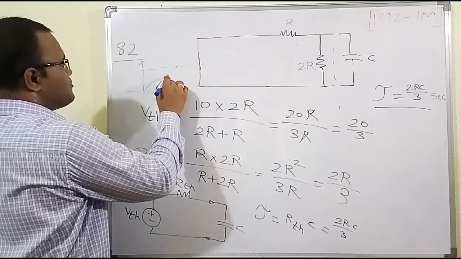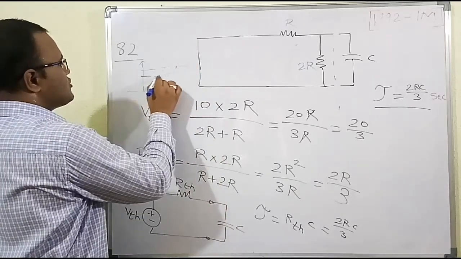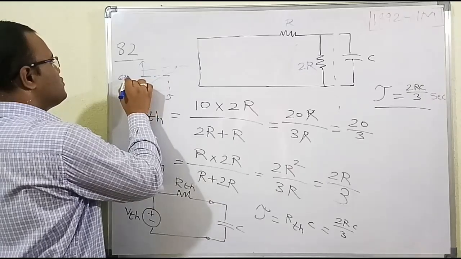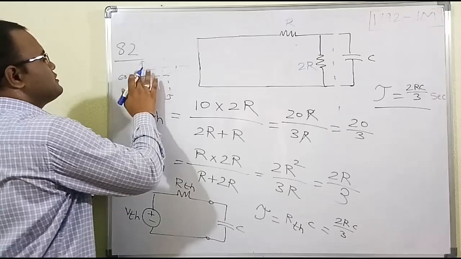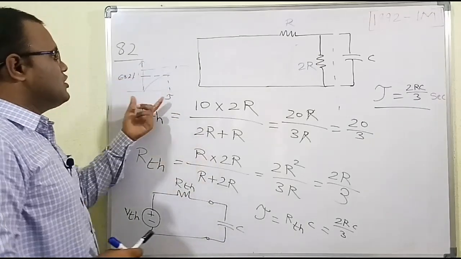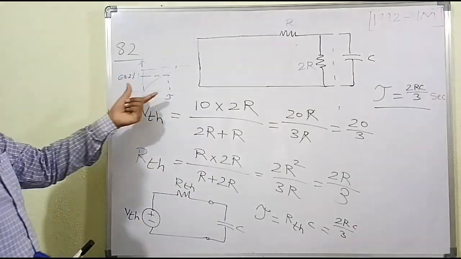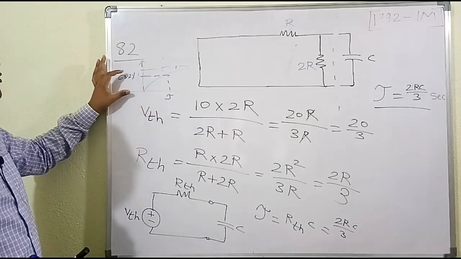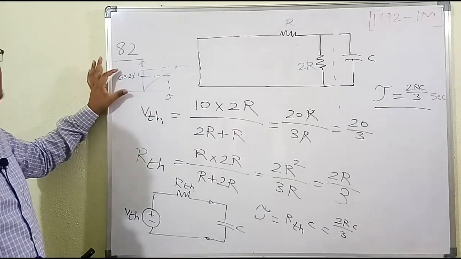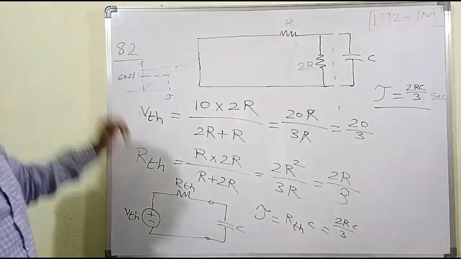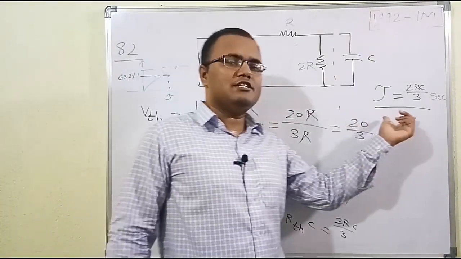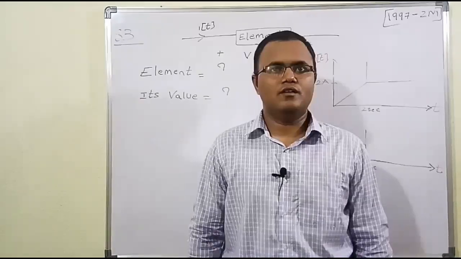So in time constant T, the voltage across the capacitor is 63.2% of the maximum value, which is the supply voltage V. So the time constant of the circuit is 2RC by 3.